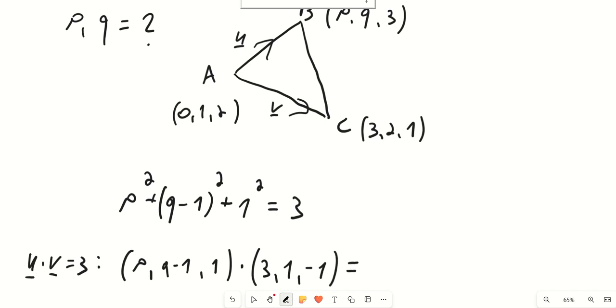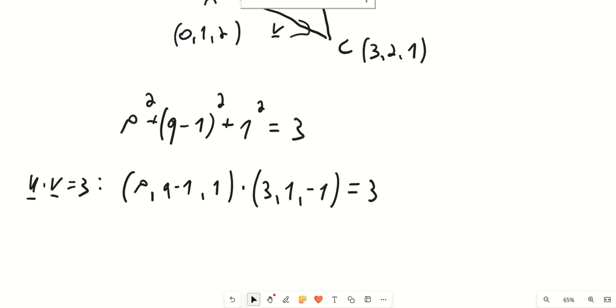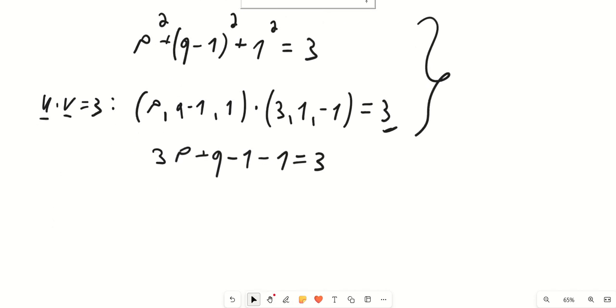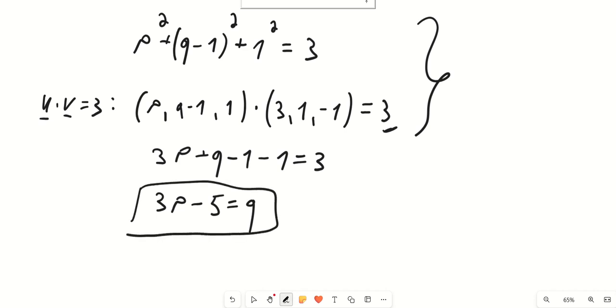This equals 3. So basically I have here two equations with variables P and Q, and I'm going to solve. I will start with the second equation. I get here that 3P plus Q minus 1 is 3. And from here I can see that 3P minus 5 equals Q. So now I can plug it in here.